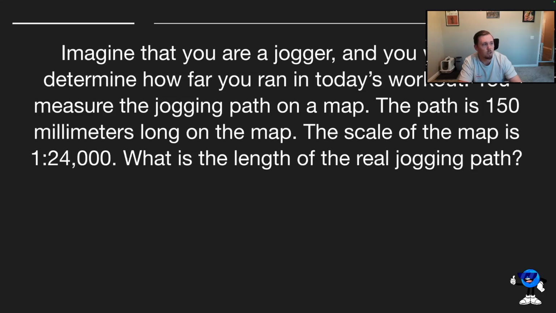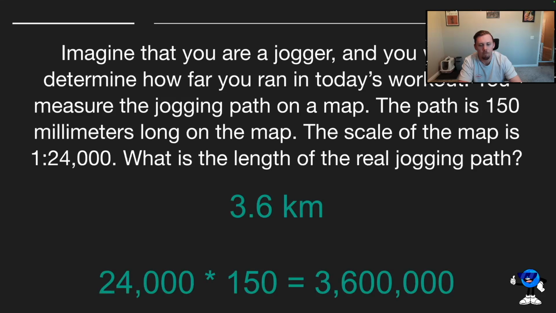In other words, you jogged 3.6 kilometers. There's 1 million millimeters in a kilometer, and therefore there is an equivalent fraction. So 1 over 24,000 would equal 150 divided by 3.6 million. There is that formula.